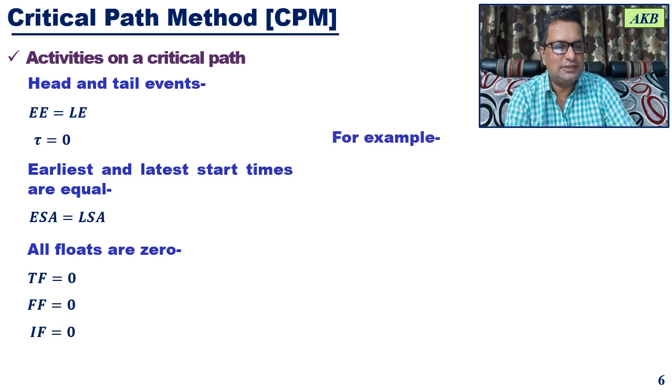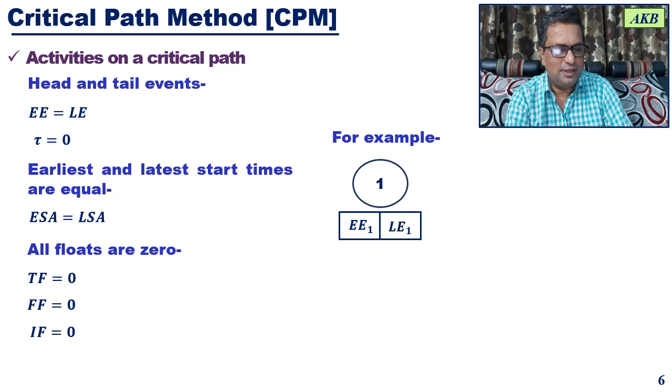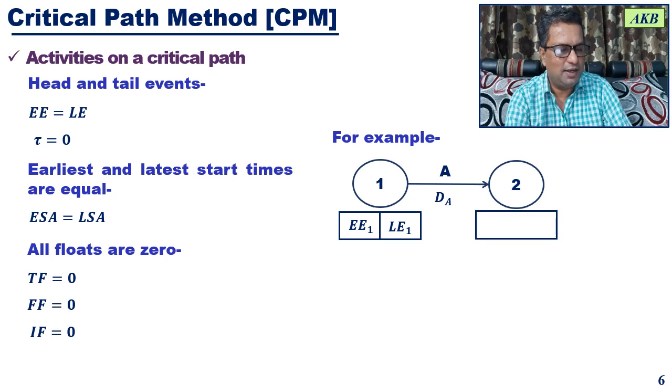Let us understand this with the help of an example. For example, you have event 1, with earliest and latest event times EE1 and LE1, activity A with duration DA, and event 2 with earliest event time EE2 and latest event time LE2. So this is the tail event, and this is the head event.